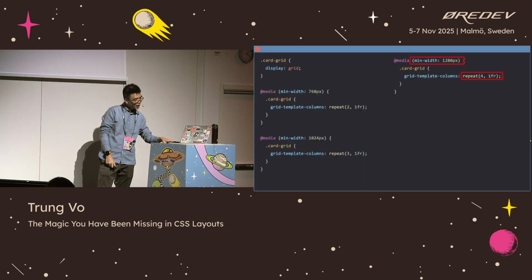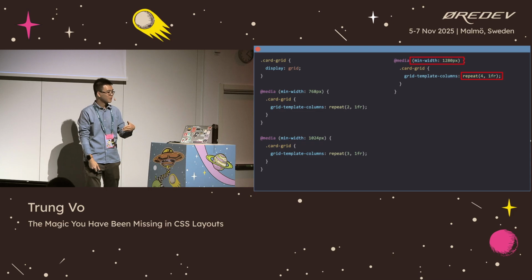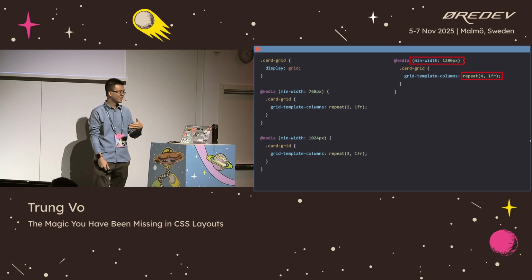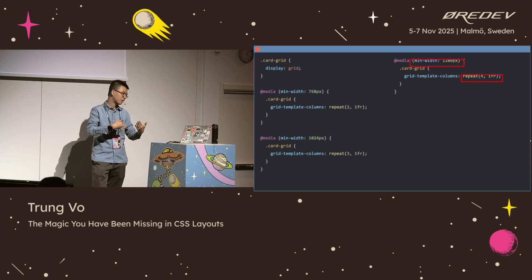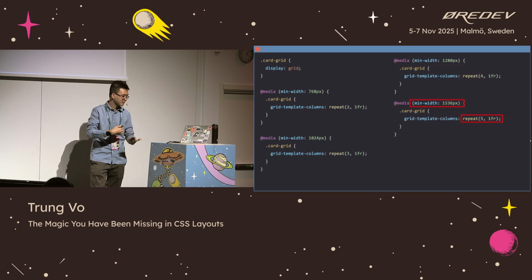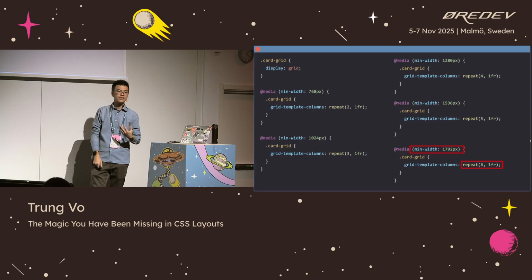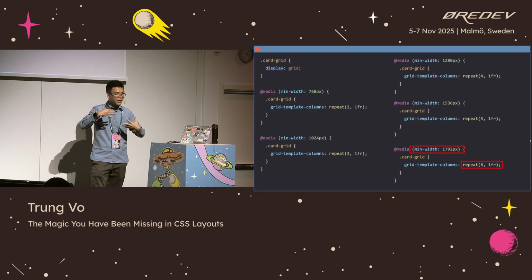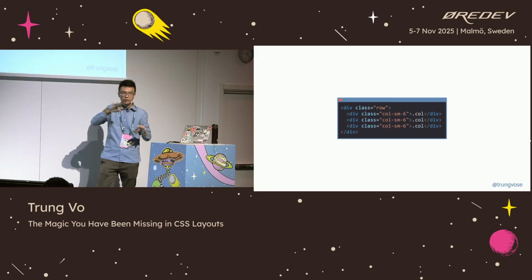And if you wanted to have more columns when the screen is bigger, define a different template for a different breakpoint: 4, 5, 6, and so on. But it might not make a lot of sense, right? Because there might be some way that you could possibly do something like we've seen with Flex before. But before we get into it, let's just review how we do the whole thing again.